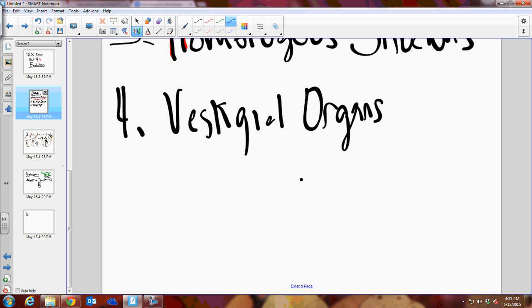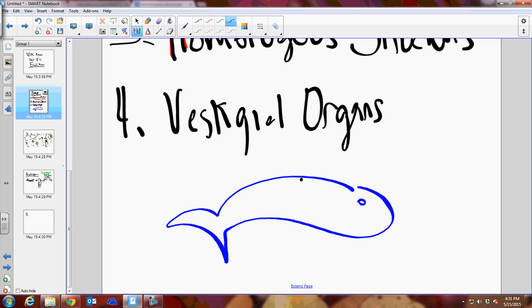Whales, so here's a whale. Whales have a bone back here in their pelvic region that seemingly attaches to nothing. They have this whole skull thing going on here, and they have a backbone, and of course they have the flippers.